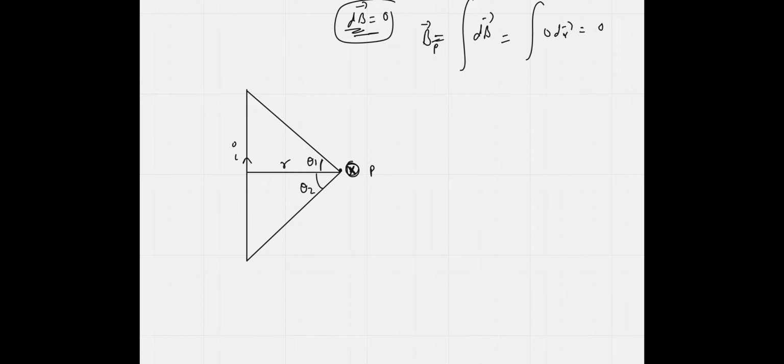You don't know how to calculate for the whole wire, but if I ask you what is the magnetic field due to this small portion at this point, you will say the magnetic field is mu naught by 4 pi, current I, dL cross R divided by R cubed.